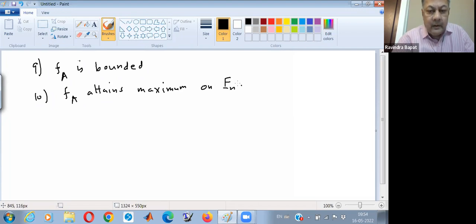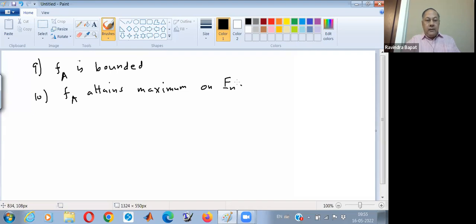Number 9 is quite easy, although I'm not writing it down, that f_A is bounded. Number 10, you have to work a little more because E_n is a compact set. If you have a bounded function on a compact set, it will attain a maximum.